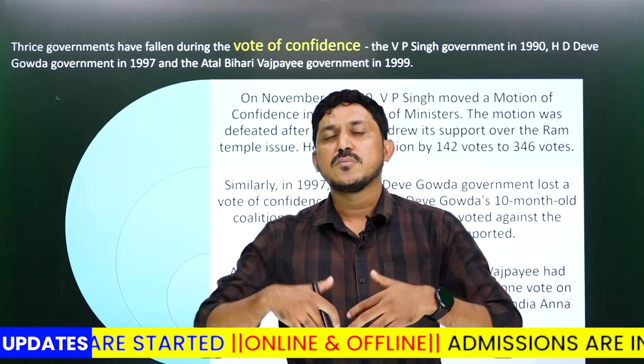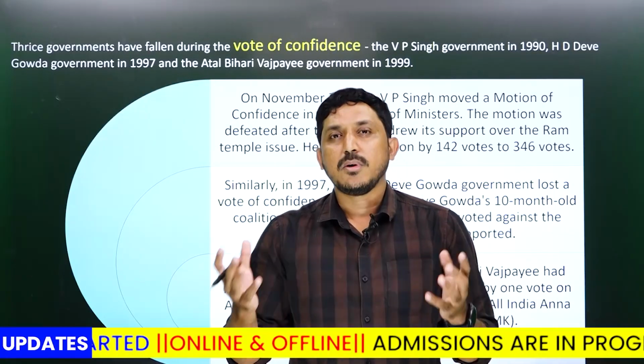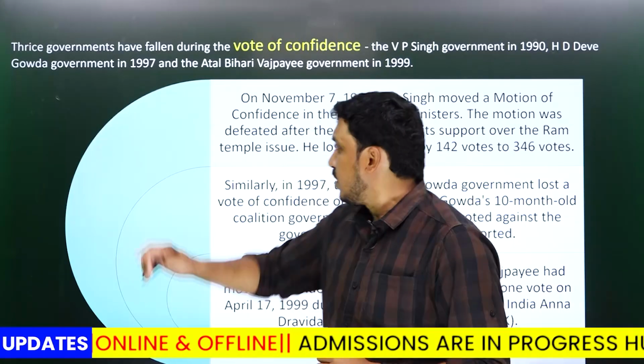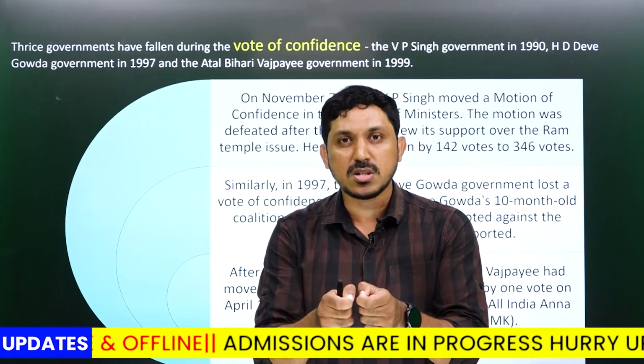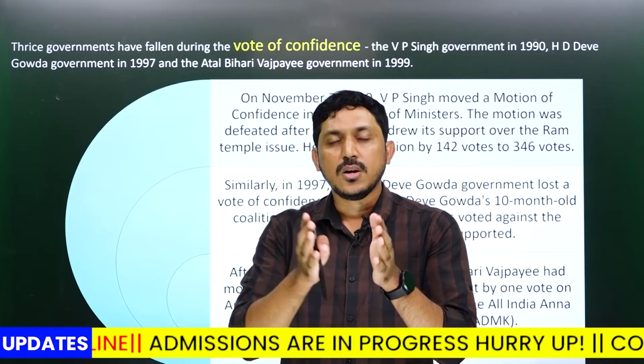Now Vajpayee tried to put forward a confidence motion to prove that he had the majority. But because of one vote, the Vajpayee government fell. So in these three examples, it was actually a vote of confidence, because the coalition partners had left the ruling party.